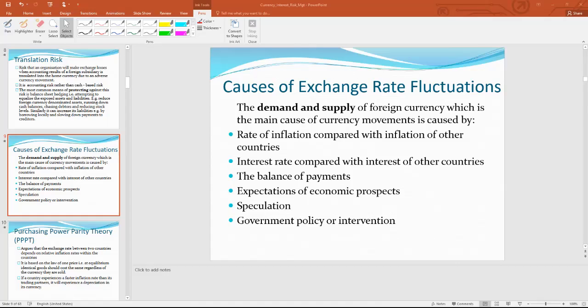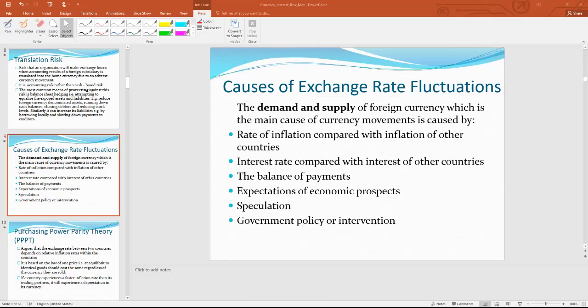You buy, for example, in US dollars. Therefore you demand more US dollars, as opposed to selling goods outside and being paid in US dollars. So there is more demand for US dollars if you have more imports than exports.